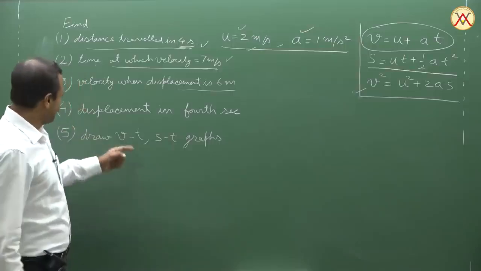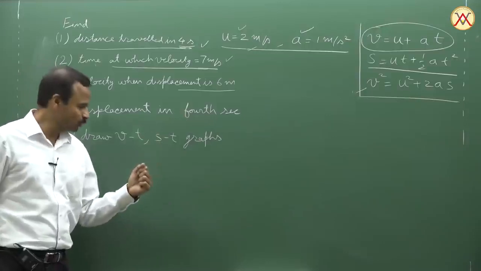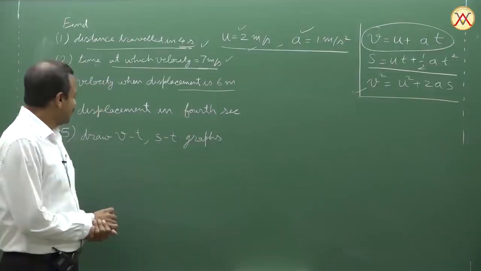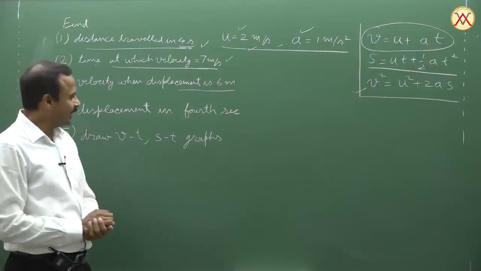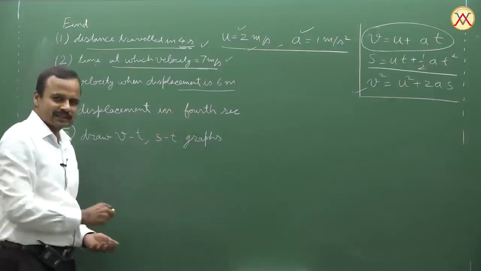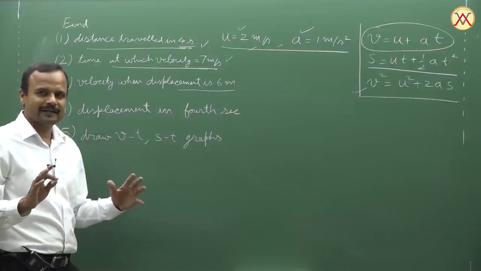I have added 2 more parts to this question. Displacement of the particle in the 4th second, and we have to draw v-t and s-t graphs. So for the 4th part, I will derive a general formula which you can use in such situations later on. Suppose we have to find displacement of the particle in the nth second.